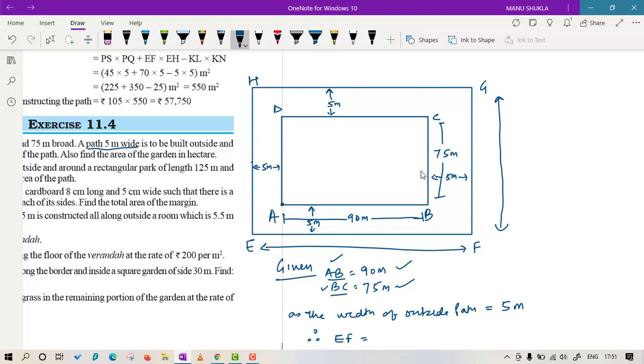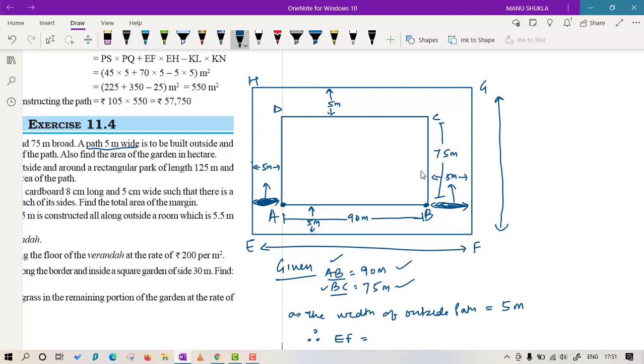EF is actually AB complete plus some extra portion, and that extra portion is this much and this much. So we know this is 5 meters, this is also 5 meters. If I add 5 meters from the left side and 5 meters from the right side, I will get the complete length. That will be your EF.